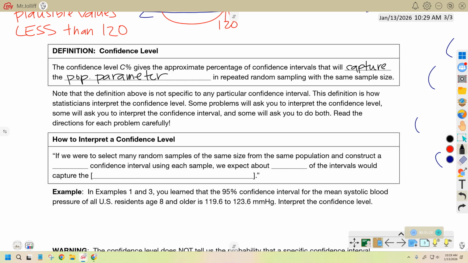If the word problem asks you to interpret the confidence level, you are going to state, if we were to select many random samples of the same size from the same population and construct a C% confidence interval using each sample, we expect about C% of the intervals would capture the population value.